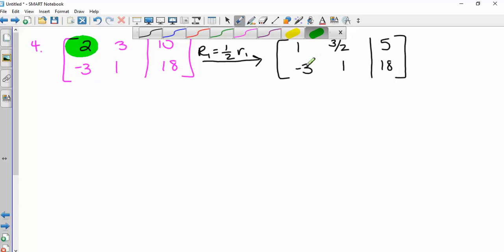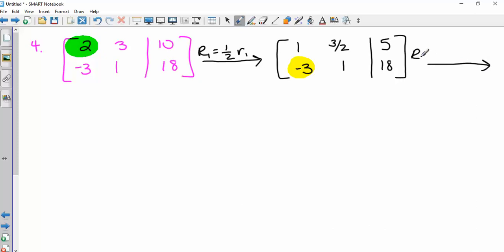All right, we have to finish this column before we move to the next one. So now I need this number to be a 0. To get a 0, you're always starting with that row. So row 2 equals row 2. It's a negative 3, so we have to add 3 of row 1. So we're not changing the first row.